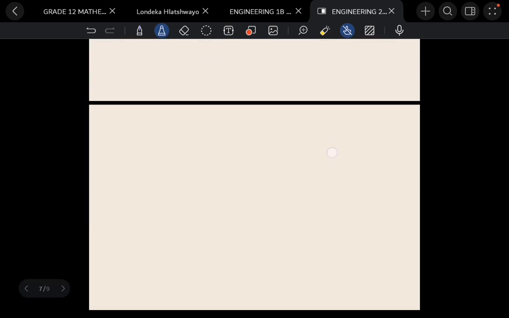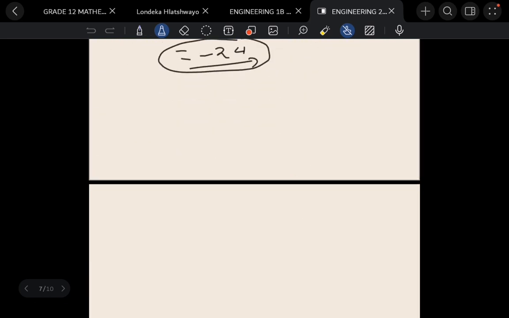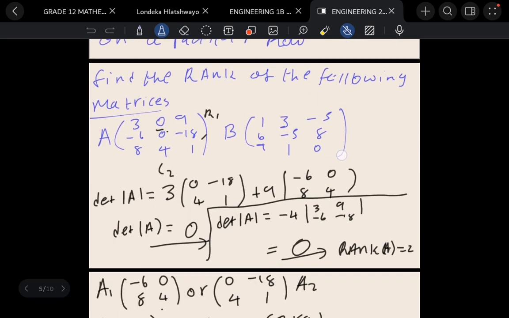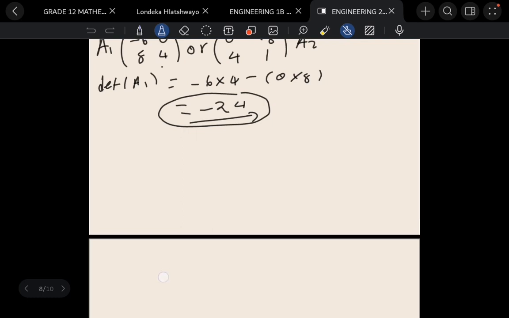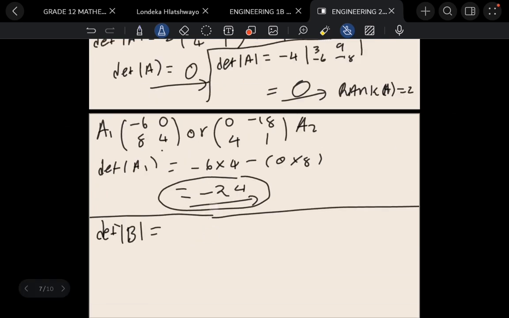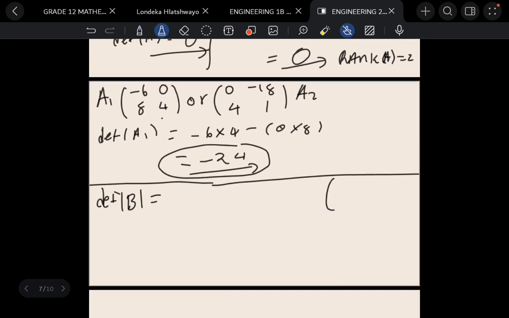Right, let us look at B. Now the determinant of B. Let me just write this matrix here.